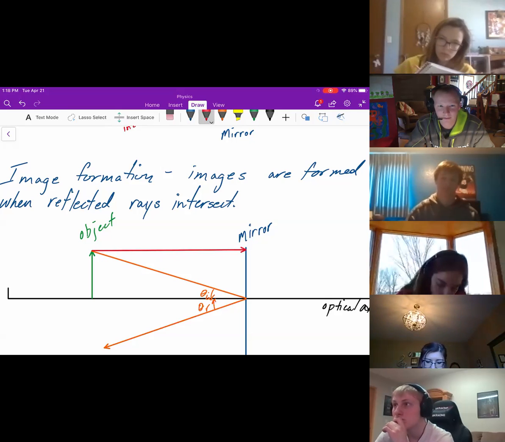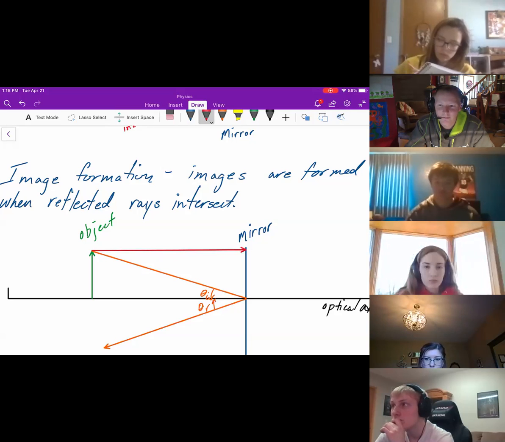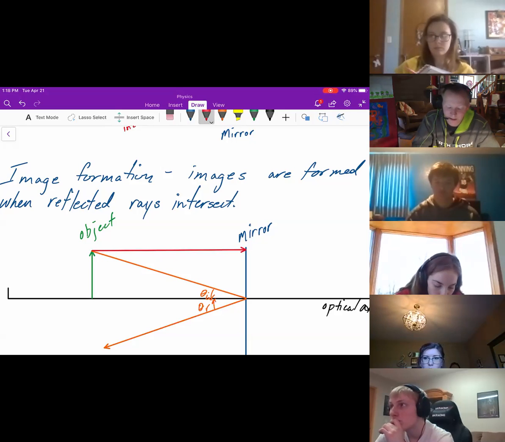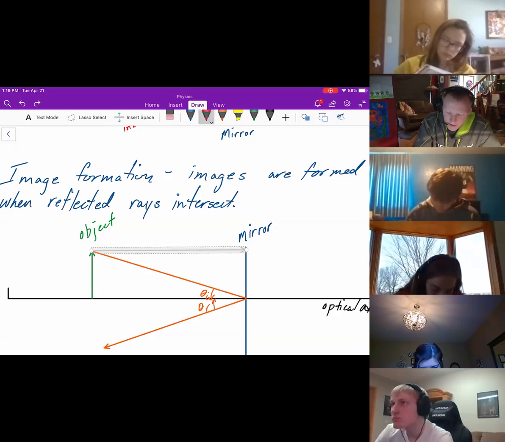How is that going to reflect? Wouldn't it go straight back where it came from? If I got it perfectly going in there, yes, it would go straight back.